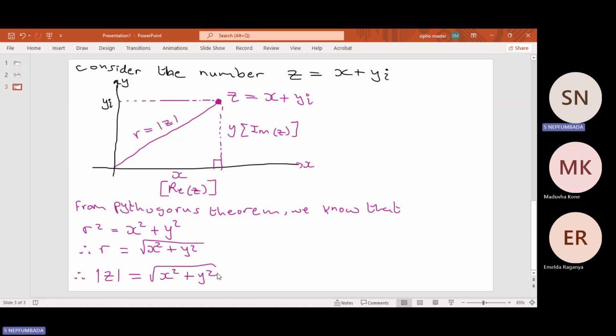If Z is entirely real, then Z star is equal to Z. Whereas if Z is entirely imaginary, then Z star is equal to negative Z. So let's take an example of the modulus.